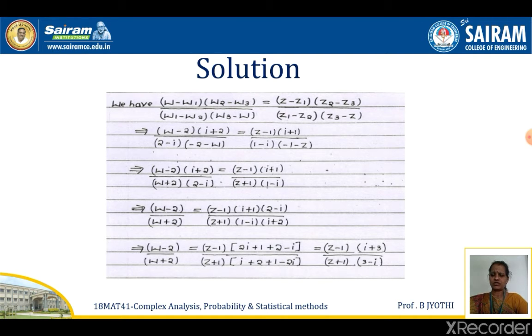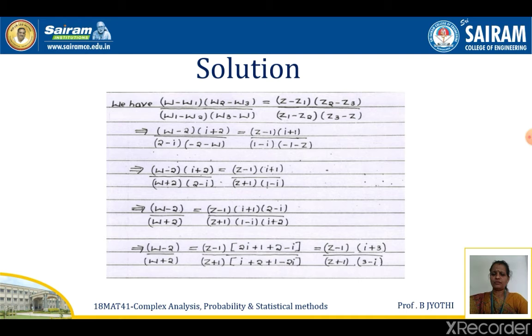This on simplification, by retaining only the W terms in the left hand side and transferring the remaining i terms, that is i plus 2 to the right hand side denominator, 2 minus i to the right hand side numerator, gets like this.